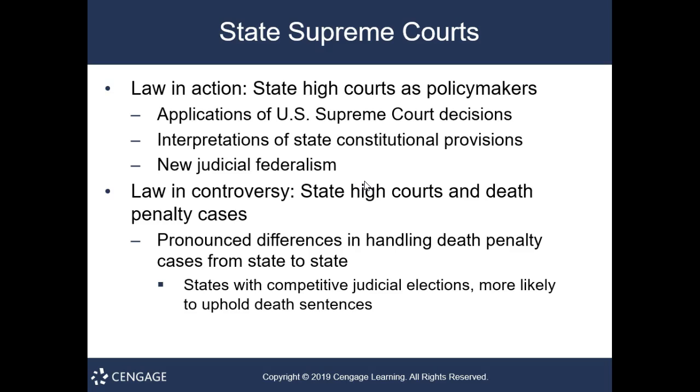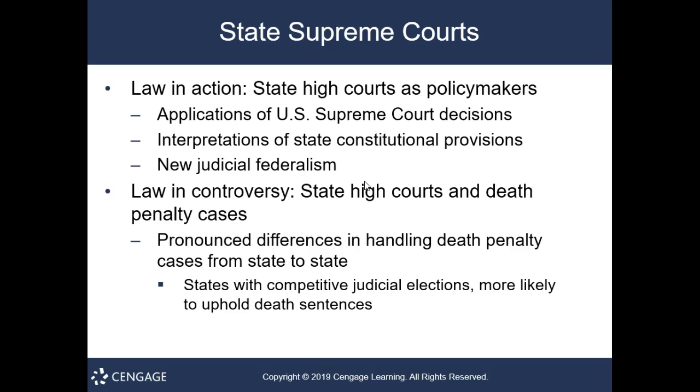From a law and controversy point of view, state high courts and the death penalty cases. There are pronounced differences in handling death penalty cases from state to state. States with competitive judicial elections are more likely to uphold death sentences, as you might imagine. The federal court system uses judges of lifetime tenure.